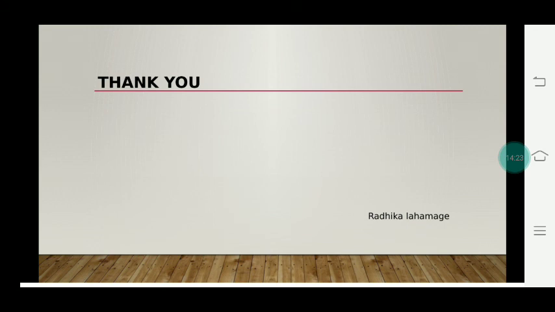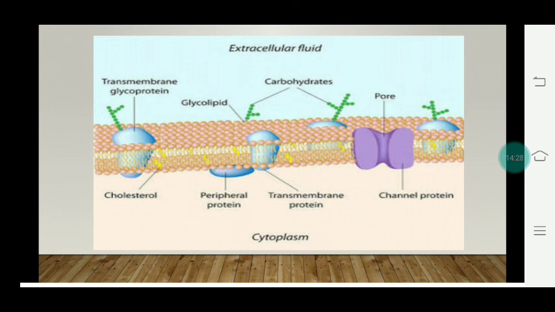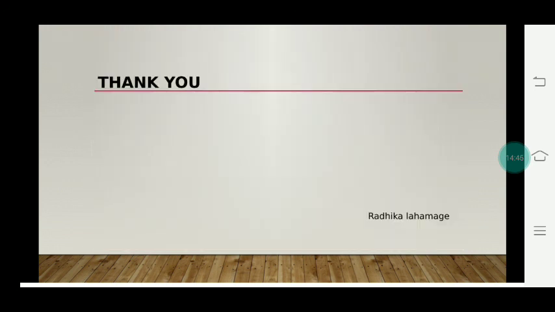So in this video you learned the basic overview of the plasma membrane structure: what the plasma membrane is and what its structure is, having protein, lipid and carbohydrate, glycoproteins, glycolipids, etc. In the next video we are going to learn about the lipid bilayer and other protein structures of the plasma membrane. Enough for the overview of plasma membrane structure.